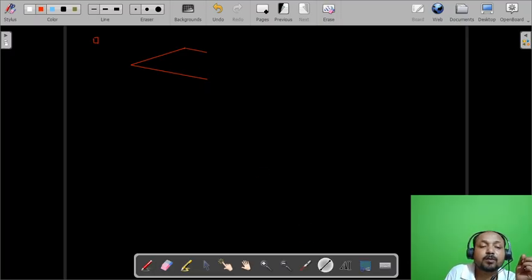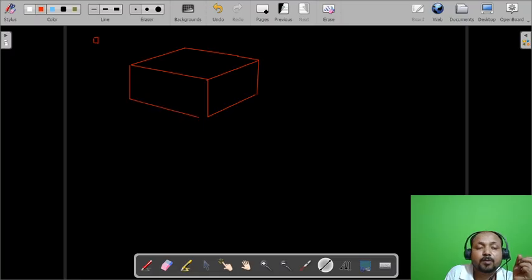Now let's say this is the room and there is a plane mirror placed. On one side there is a wall and on another side there is a plane mirror. Okay, this is the plane mirror we are talking about and this is the wall that we are talking about.